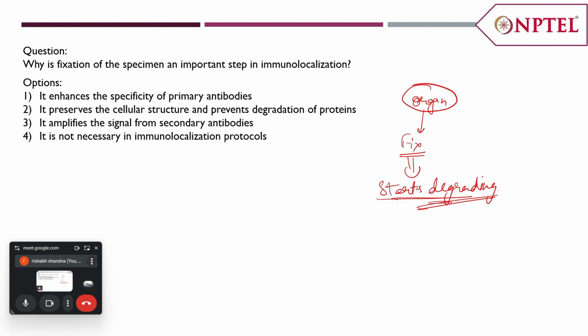So to stop that, we first fix this organ using different agents like methanol, acetone, formalin, etc. So we use these to fix this particular thing, so that we can visualize the particular protein that is localized in its native position in this particular organ. Okay, so it preserves the cellular structure and prevents the degradation of proteins. So this is the correct answer.